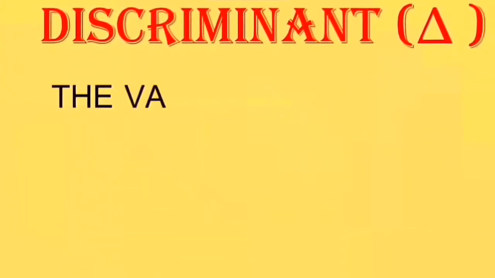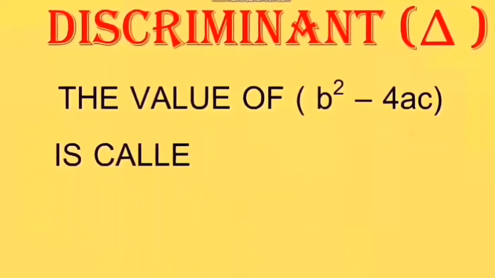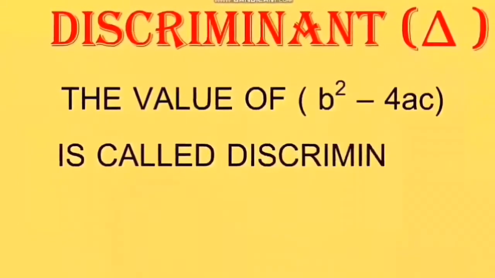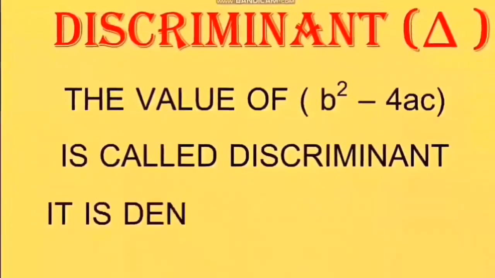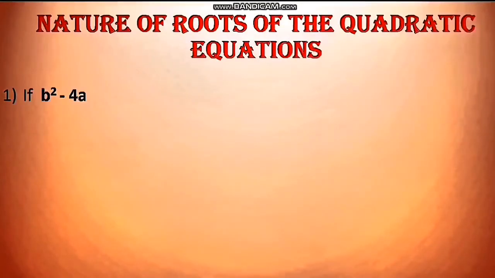Let us see those properties. First one is discriminant. Here the value of b square minus 4ac is called discriminant and it is denoted by the symbol delta. So remember this. Second, nature of roots of the quadratic equation.